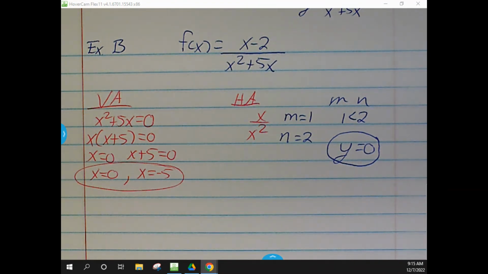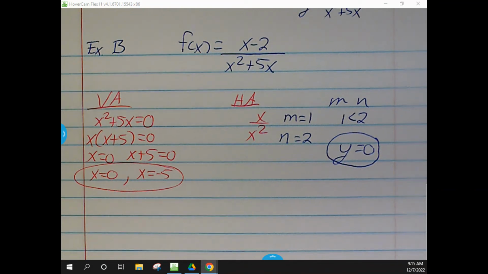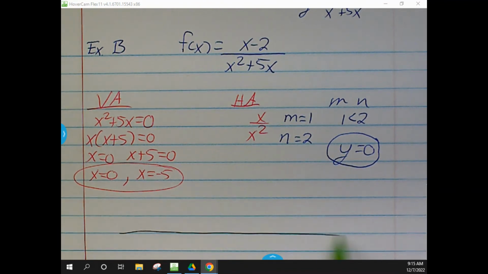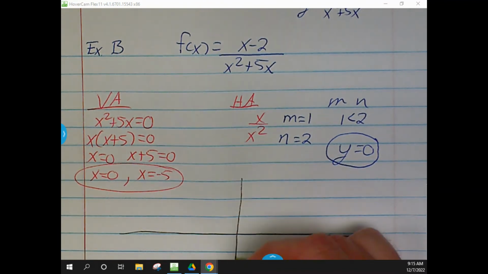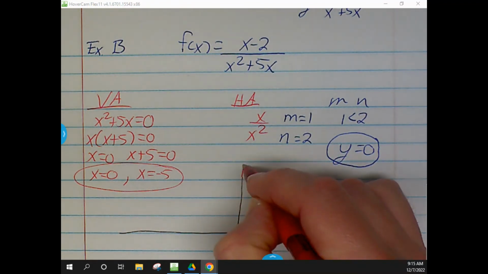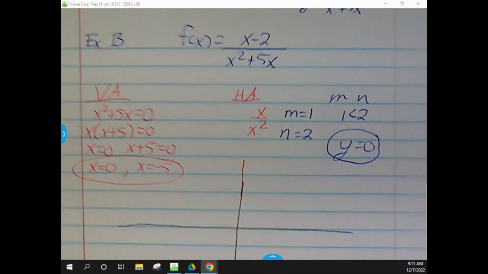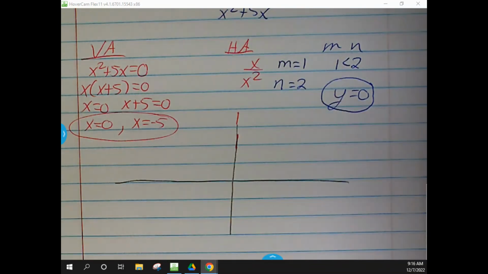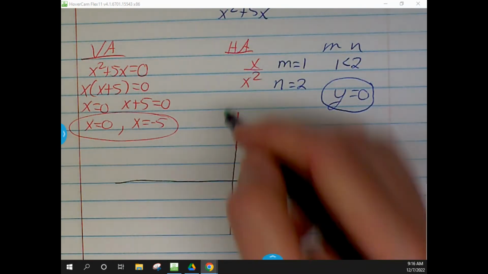All right. Now all you got to do is go ahead and graph those two things you've got. So we're going to draw an xy axis. You're going to put a vertical line at x equals 0. I'm going to do that in a highlighter, because it's right on top of the axis.